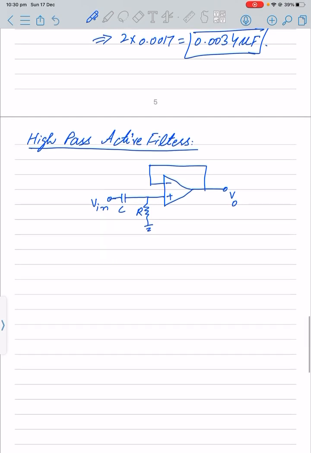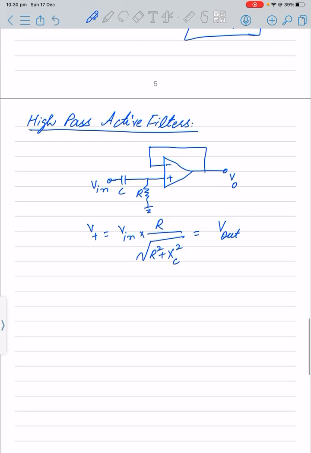So again V positive will be equal to V in, but this time R is in the numerator, and the denominator will be the combined impedance, R squared plus XC squared. This will also be equal to the V output, because this is the buffer or voltage follower circuit.